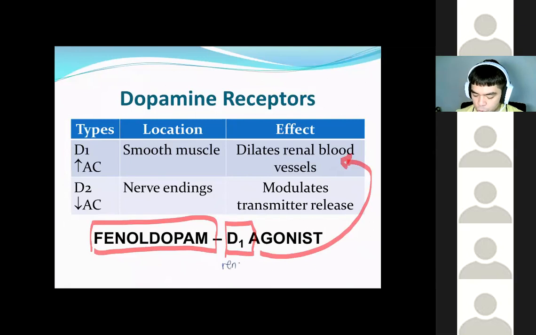Due to renal vasodilation caused by fenoldopam, there is enhanced glomerular filtration rate, and therefore diuresis. So activation of D1 receptors causes renal vasodilation, increasing glomerular filtration rate, and ultimately causing diuresis.